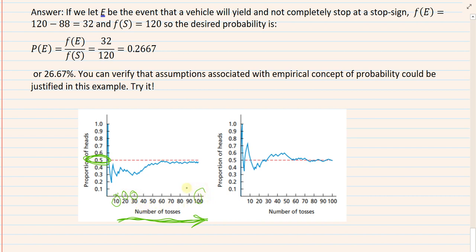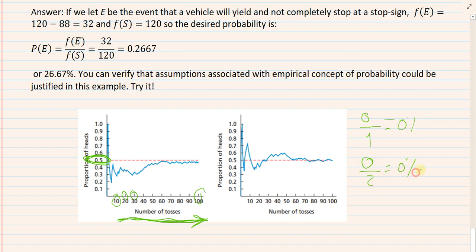Notice that when the number of trials is small, these probabilities fluctuate at first. Let's say on the first flip of a coin, you have zero hits. So the probability based on 1 flip is 0%. Impossible to observe a head. Suppose you flip it the second time, still no head.